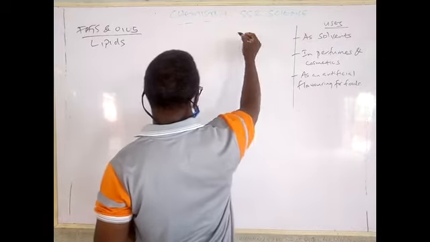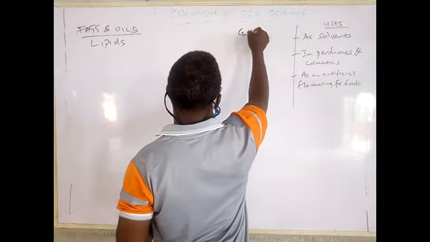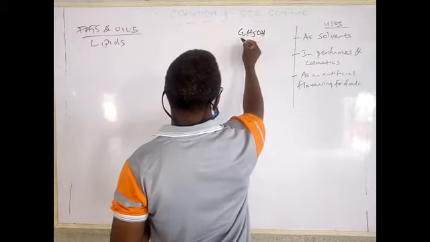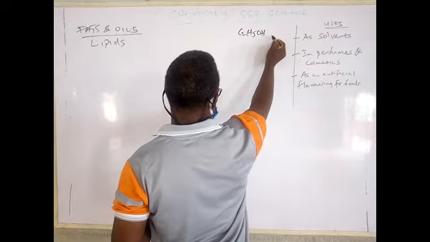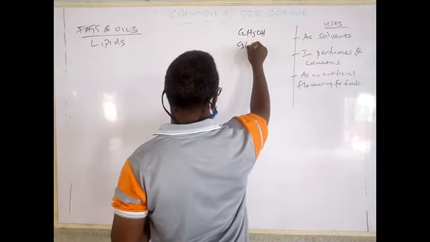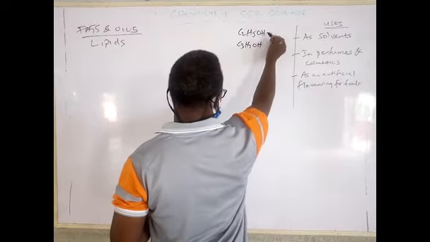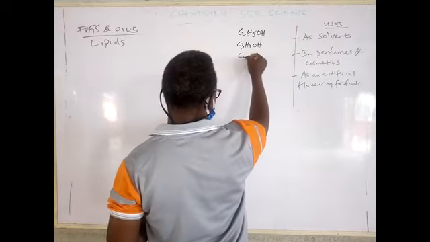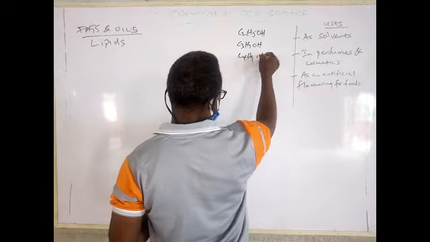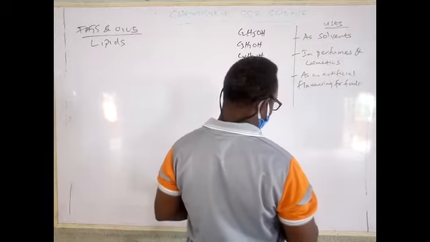If you have an alkanol like C2H5OH, it has 1 hydroxyl group, so it's a monohydric alkanol. C3H7OH has 1 hydroxyl group, so it's a monohydric alkanol. C4H9OH has 1 hydroxyl group, it's a monohydric alkanol.